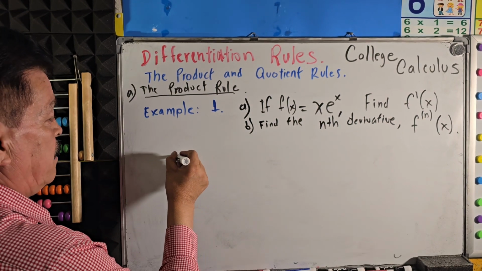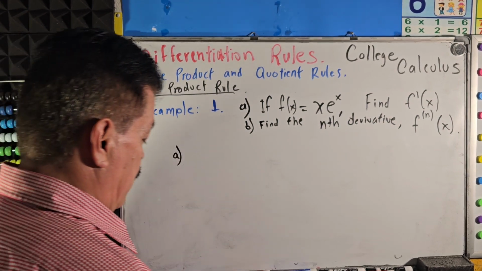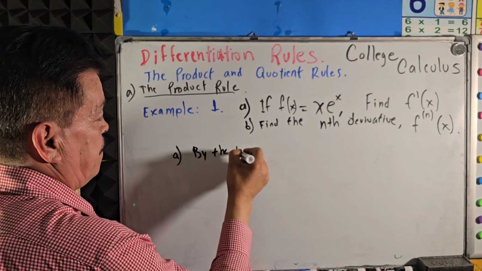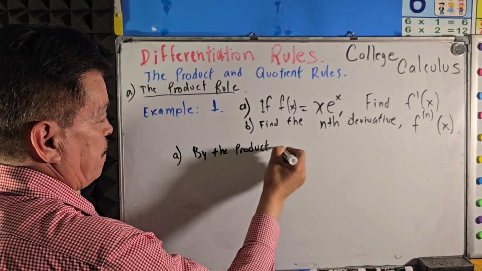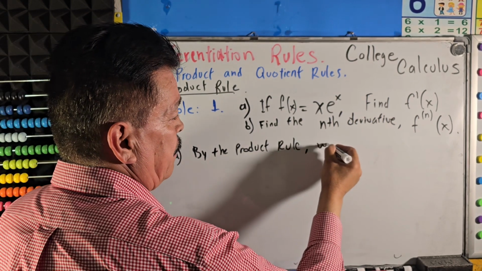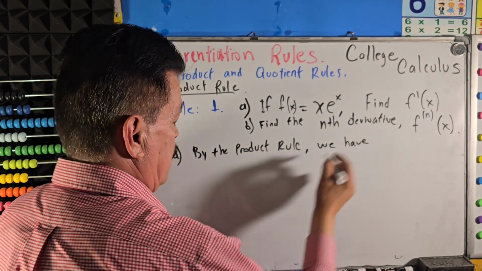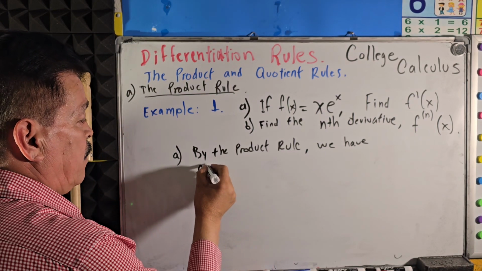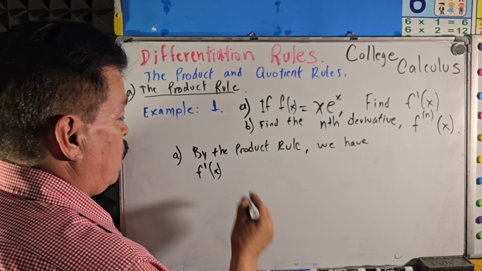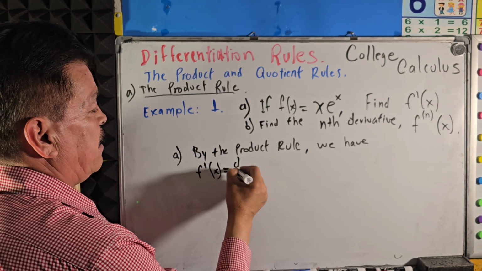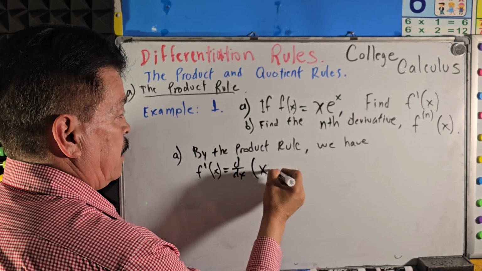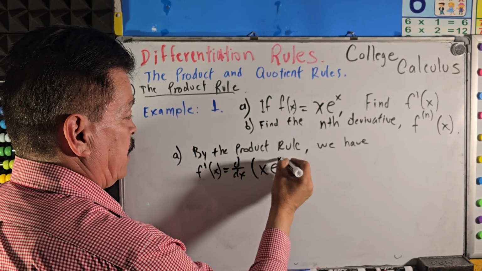By the product rule, f prime of x is the derivative of x e to the x power.